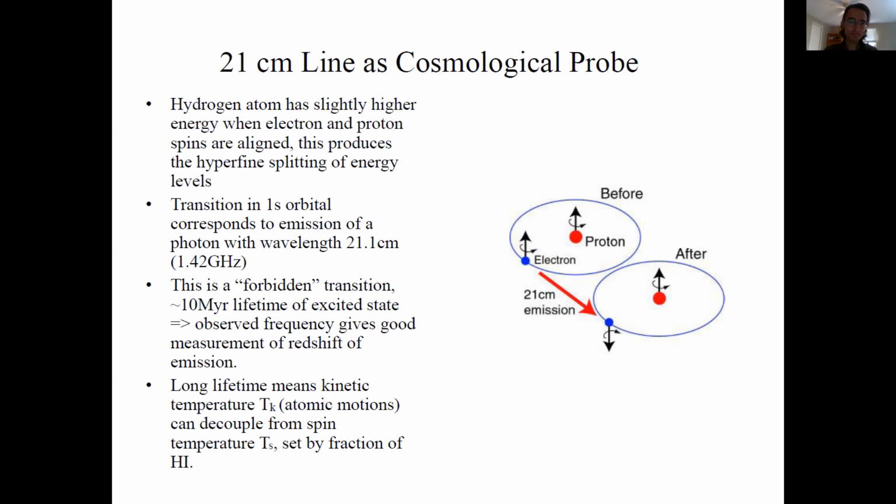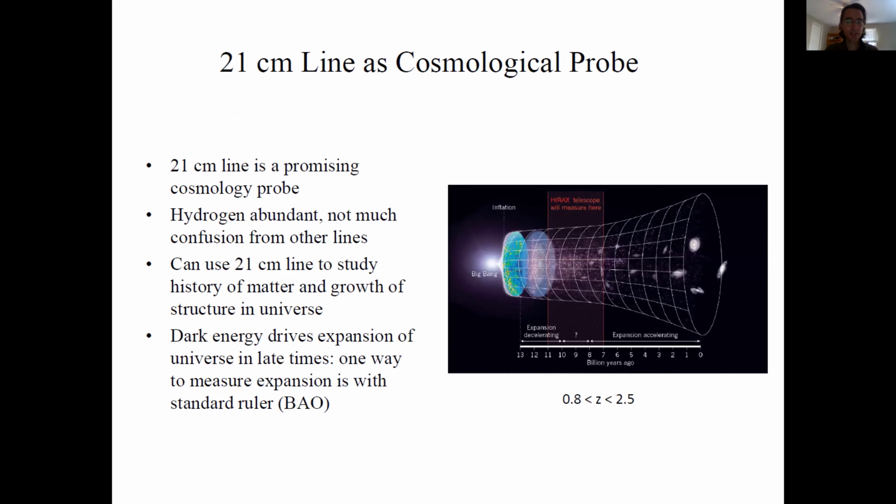And then it's very interesting cosmologically because hydrogen is incredibly abundant in the universe, right? It's everywhere and is neutral for large chunks of the universe's history. And it's very isolated from other lines, so unlike a lot of other spectroscopic lines that people look at, there's much less confusion.